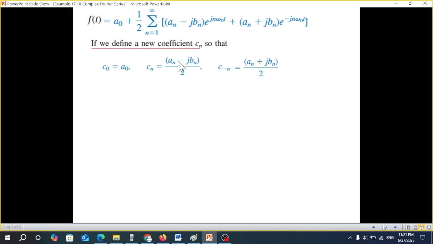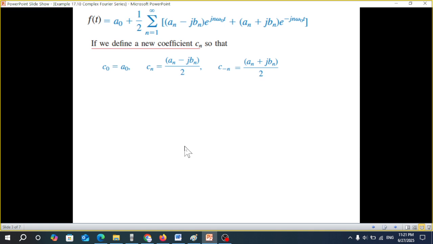Okay, so this equation we'll try to simplify further. If we write this an minus jbn divided by 2, we call it cn, and similarly the other one we call c minus n, and the first one, the DC component, we also call C0.